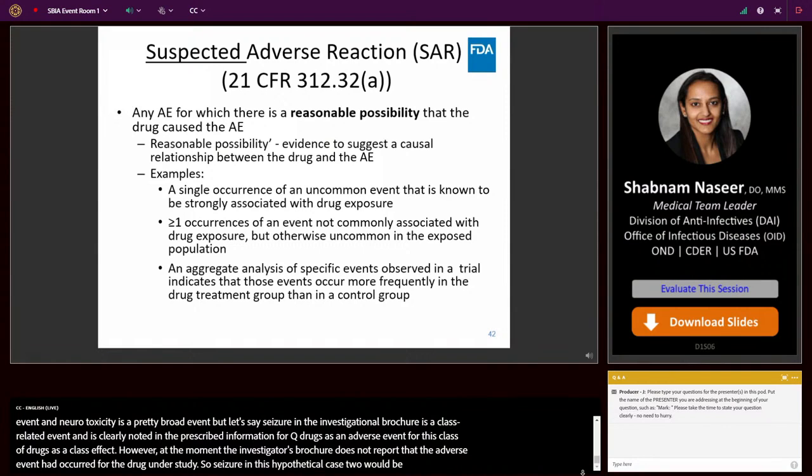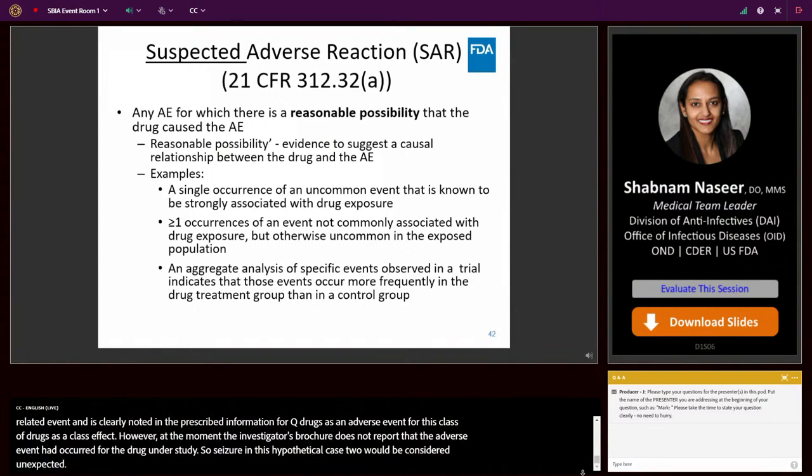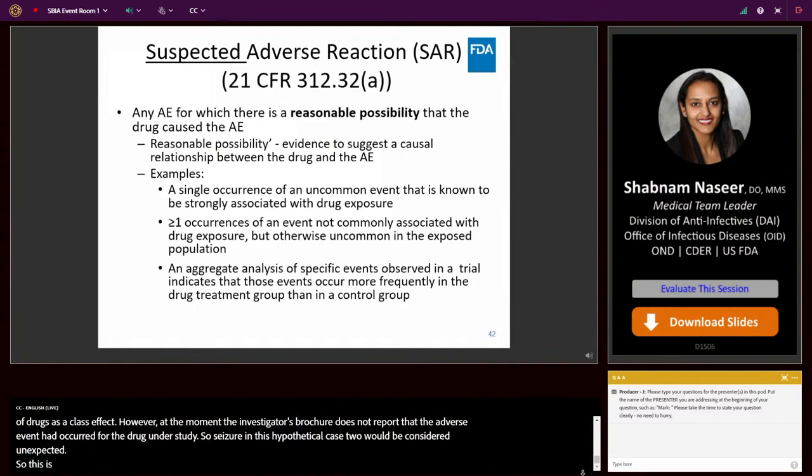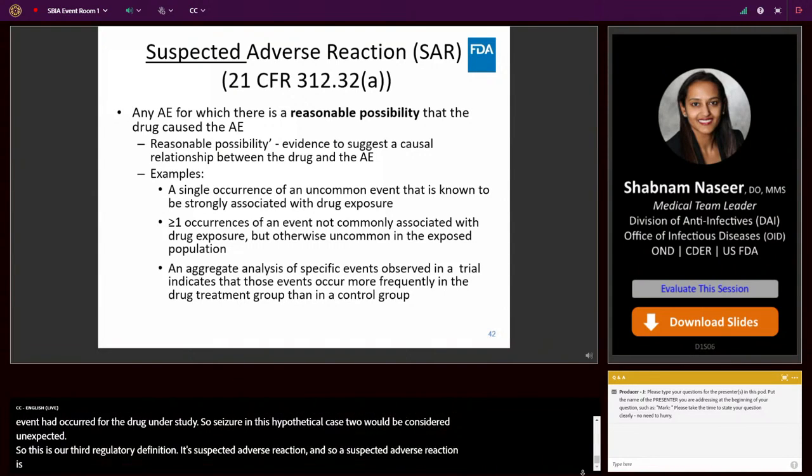So this is our third regulatory definition. It's suspected adverse reaction. And so a suspected adverse reaction is an adverse event for which there is a reasonable possibility that the drug caused the AE.